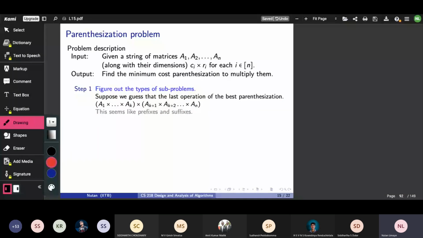We could try to guess the best possible breaking point and keep going further and further into subproblems.